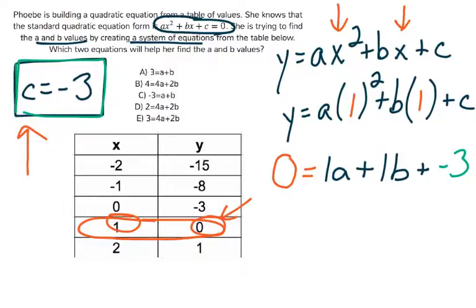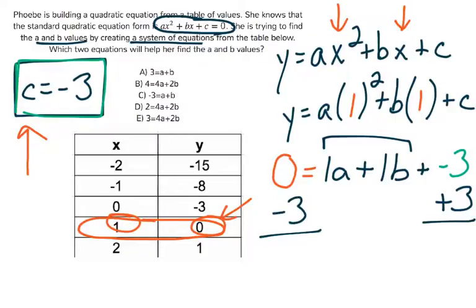Now, you'll notice I just have my a and the b on one side, and 0 on the other. That's not great. I want to get my a and b by themselves. So let's get that negative 3 away from there. So instead, I'm going to add 3 to both sides to cancel out the negative 3 on the right. So now I have 0 minus 3 is negative 3 equals a plus b.